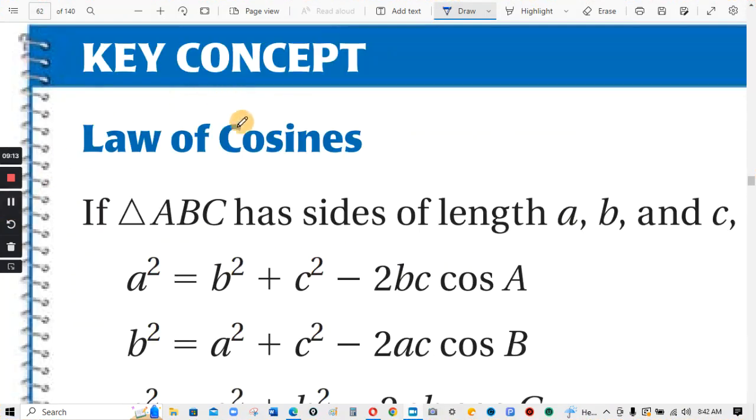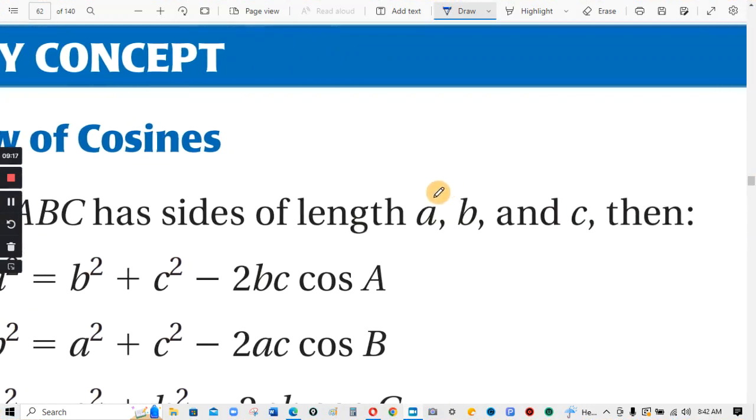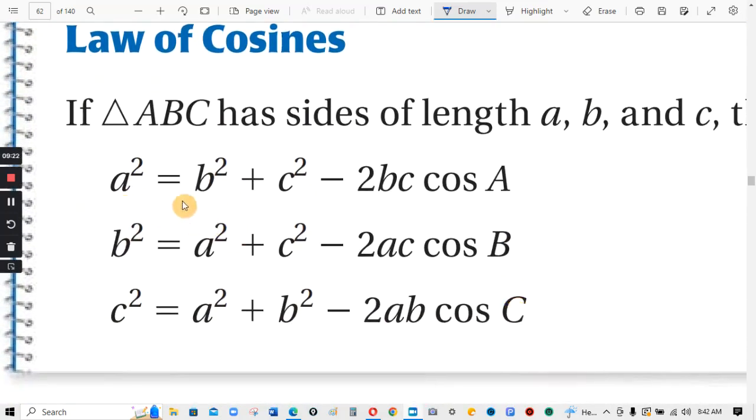All right, law of cosines. If triangle ABC has sides of length lowercase a, b, and c, then all of these work. Okay?